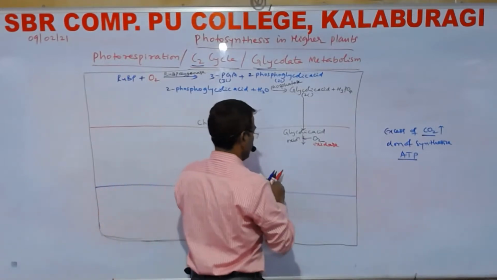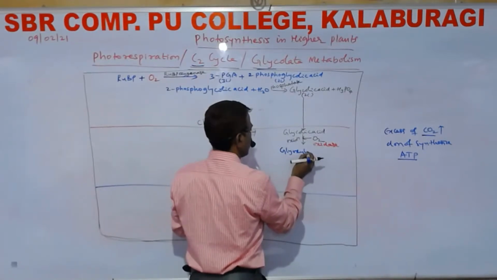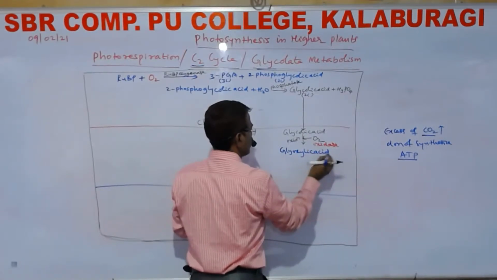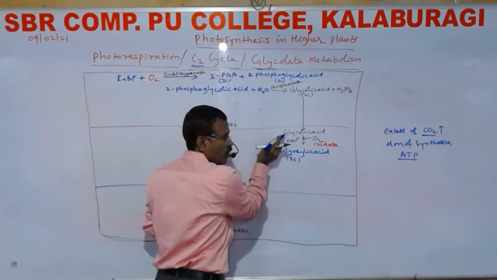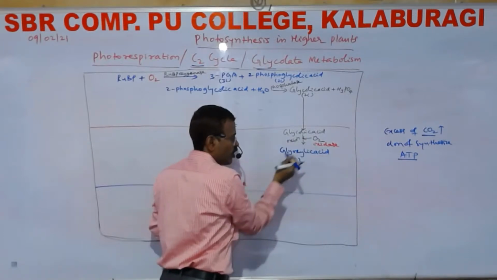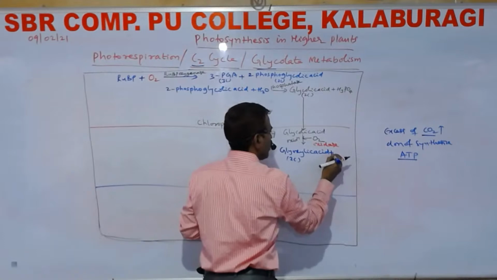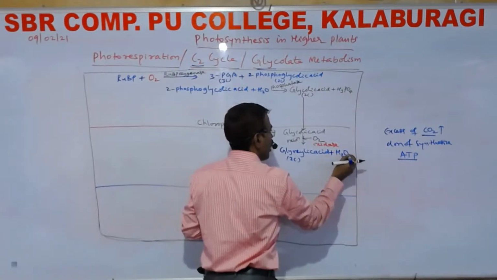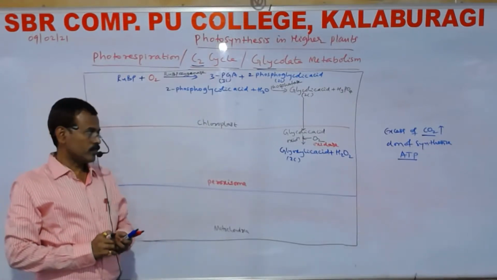So what do we get here? Glyoxylic acid, a two carbon compound. So glycolic acid, when it undergoes oxidation in the presence of oxidase enzyme, results in glyoxylic acid and hydrogen peroxide.